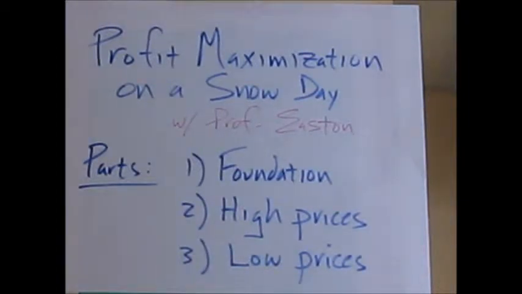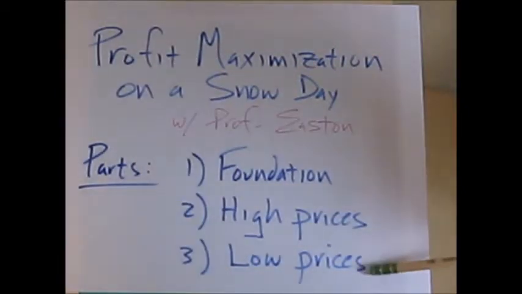And we worked first with tabular data and then with diagrams. And today, in the third part, we're going to talk about how a firm would deal with really low prices. What happens if production's not profitable and the firm is struggling to do the best thing in very, very difficult conditions? And this is what the book calls the shutdown exception, or the shutdown condition.